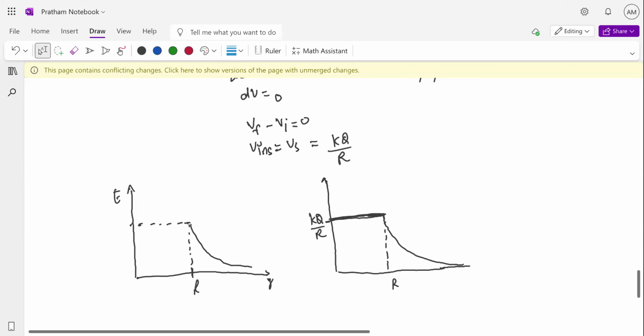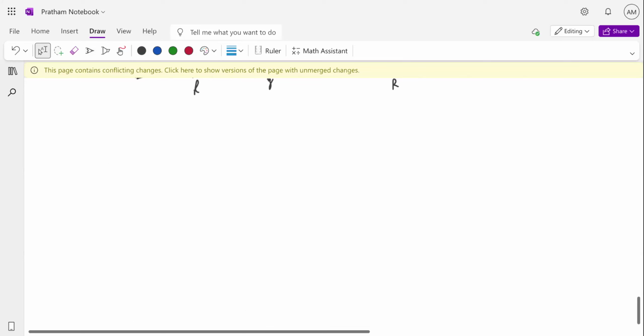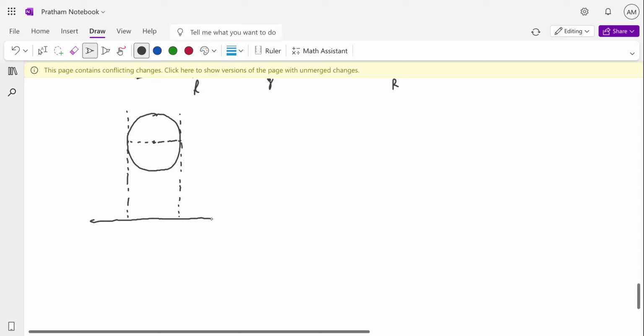So this is the thing. Or if I have to show it in the form of a circle itself, how will I show it? This is the sphere. This is the center, and this is the radius R. So let's plot a graph over here. This is the line.